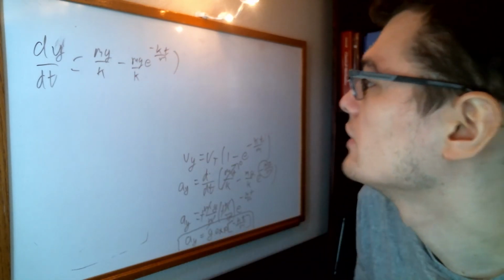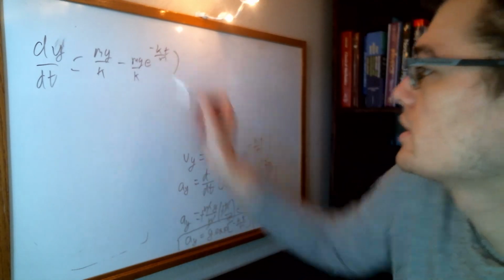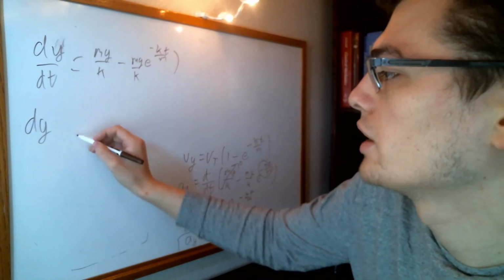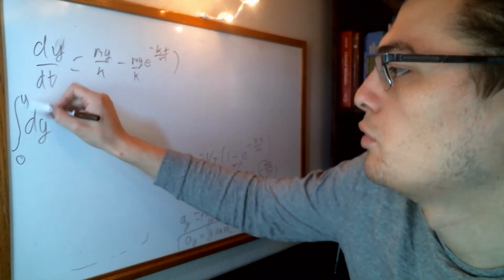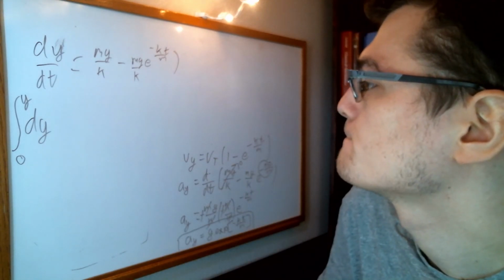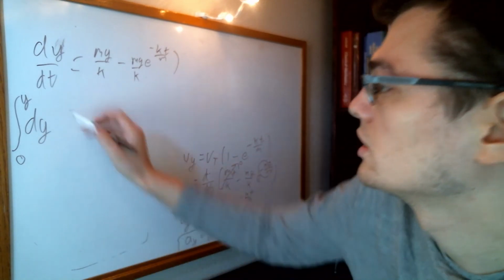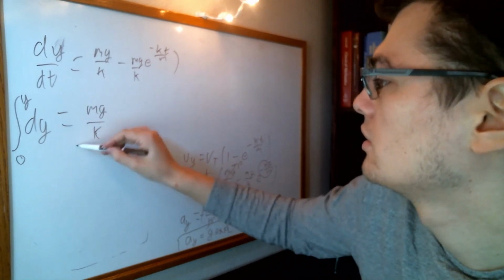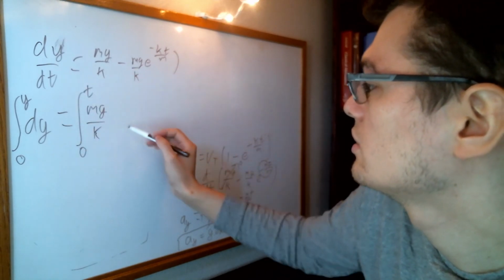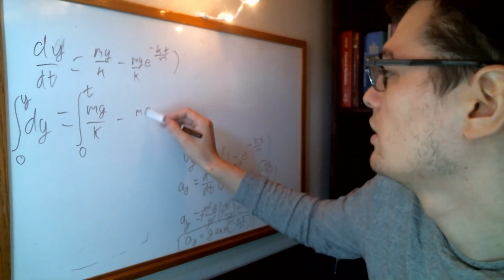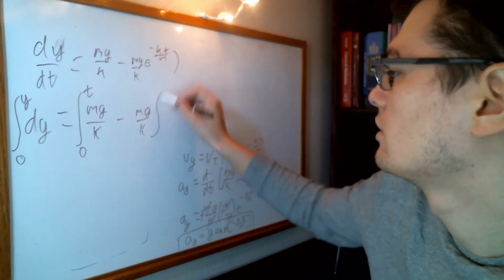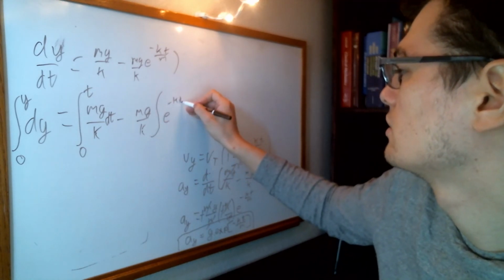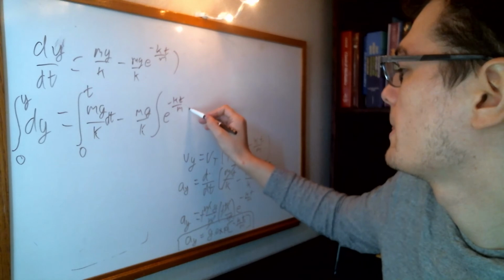And so then in this case, we don't have any y's in these terms here, but we do have a t over here. So we can just integrate dy from 0 to y, and we can integrate this side, mg/k, and we can do this term by term from 0 to t, minus mg/k, and this is dt, e^(-kt/m) dt.